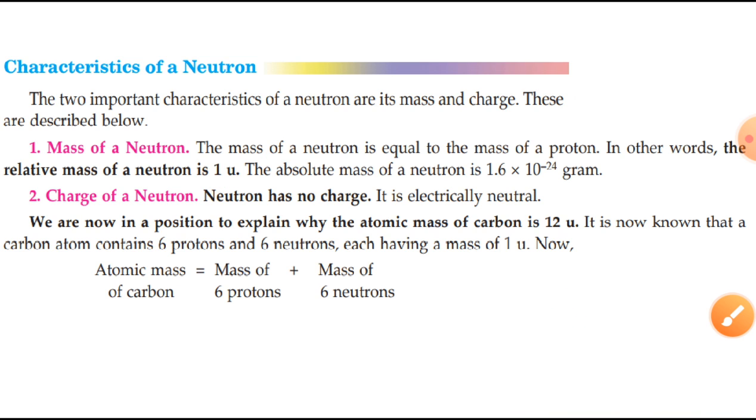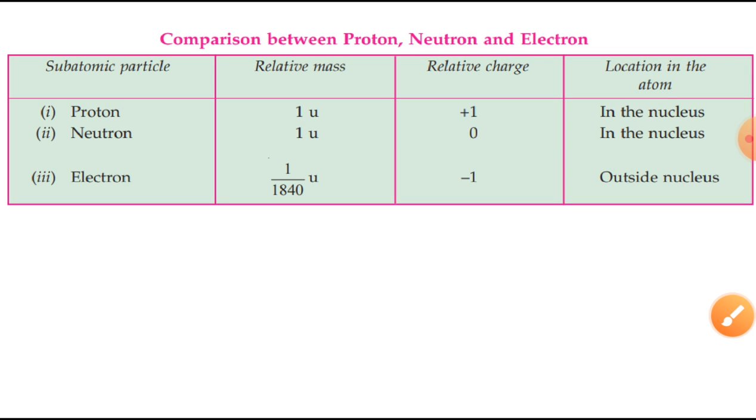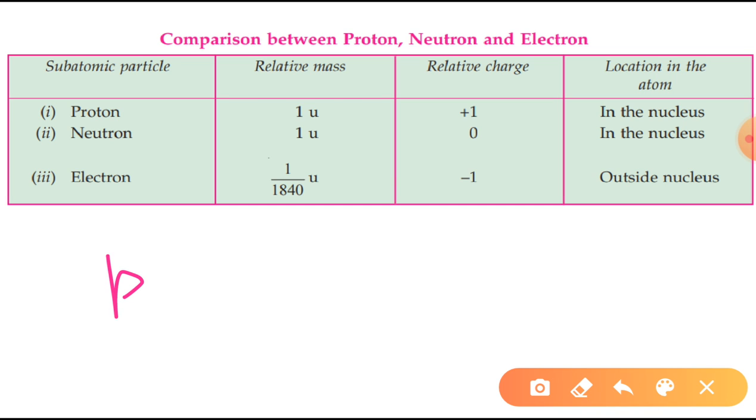Now we will compare these subatomic particles: proton, neutron and electron. First of all, proton. Students, you know that proton was discovered by E. Goldstein. The symbol used to denote proton is P. Its relative mass is 1 u, its relative charge is +1, and it is located inside the nucleus.